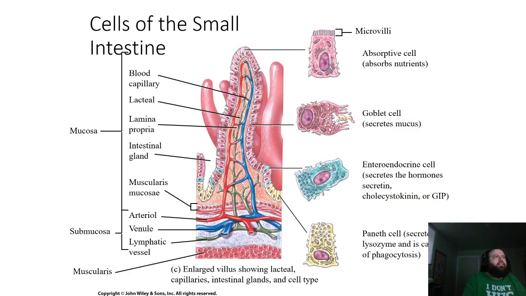So here's just showing you the various cells of the small intestine. The cells that we're going to spend the vast majority of the time studying are the predominant cells in the villi, which are called the absorptive cells. They have these characteristic folds on their apical surface called microvilli. So just to keep that in perspective, the epithelium is arranged into villi, these long penetrations into the lamina propria.